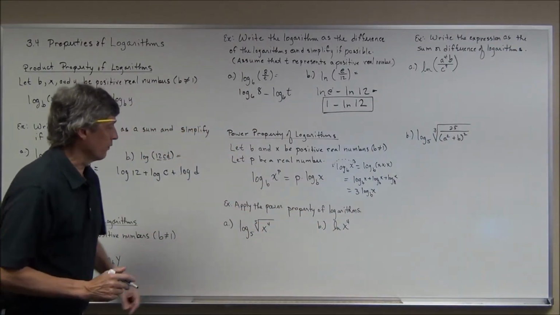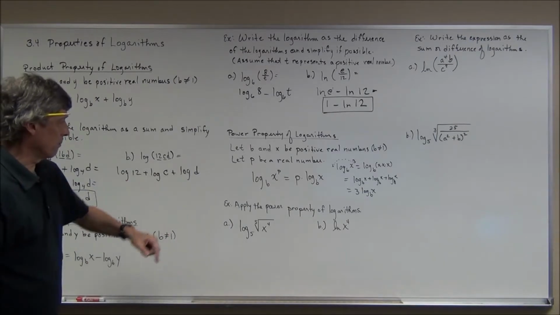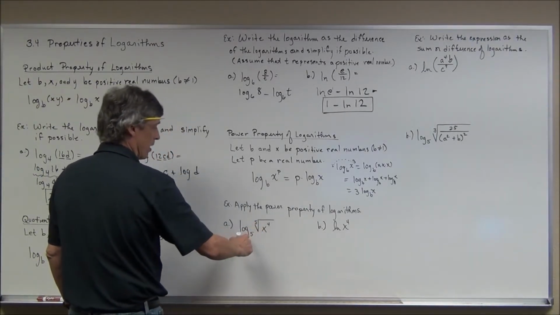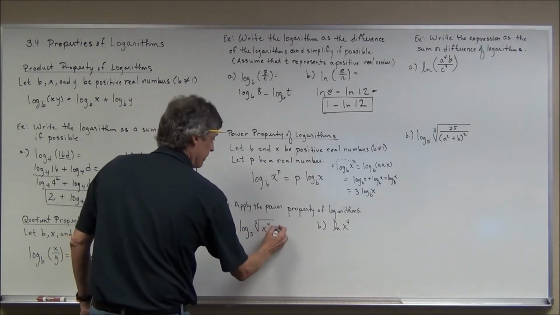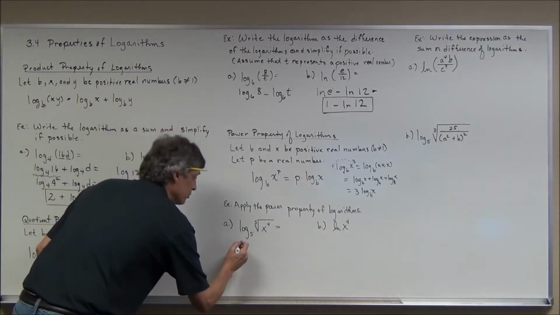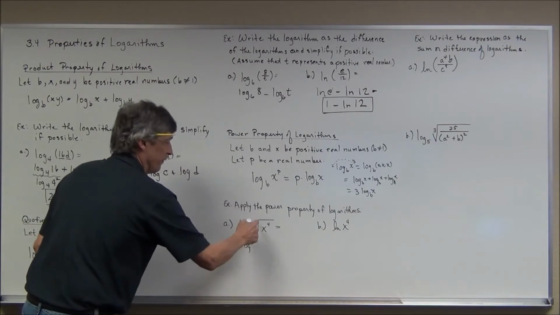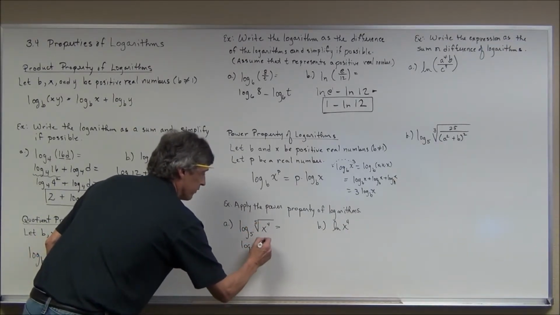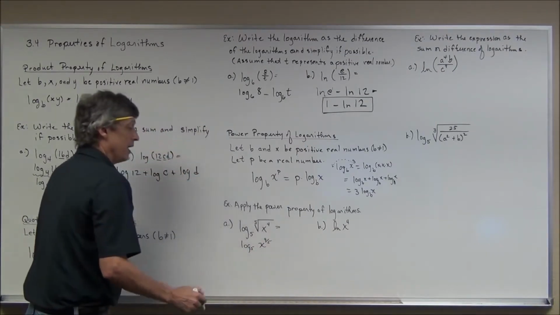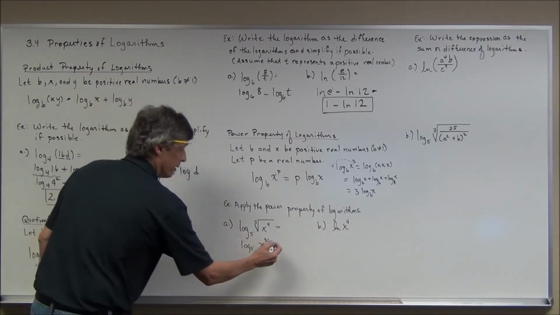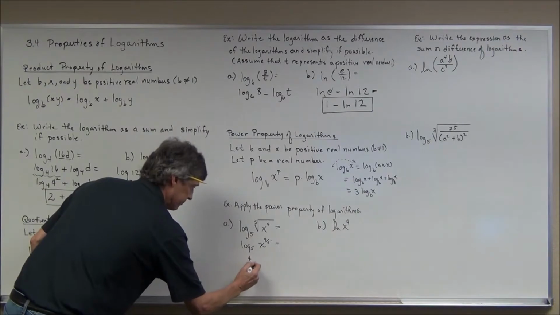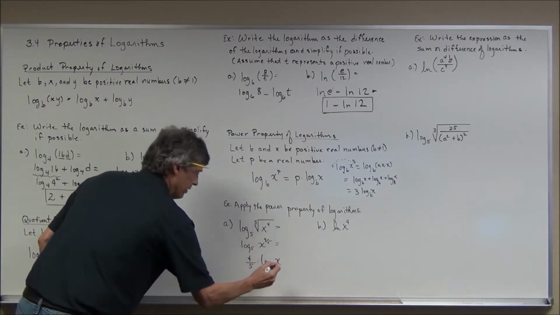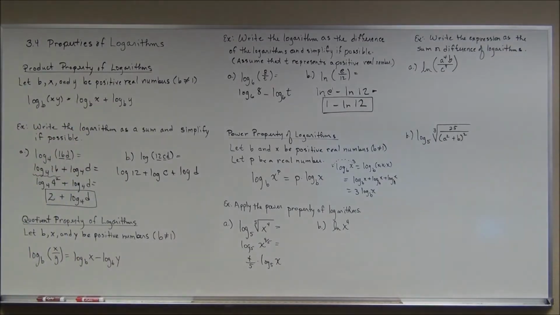I'm going to apply it to these two examples. Apply the power property of logarithms. I can't really apply the power property yet in this first example because of the way it's written. I am going to rewrite the fifth root of x to the fourth expression as x to the 4/5. Now I'm going to apply the property, bring the exponent out in front as a constant factor of log base 5 of x.